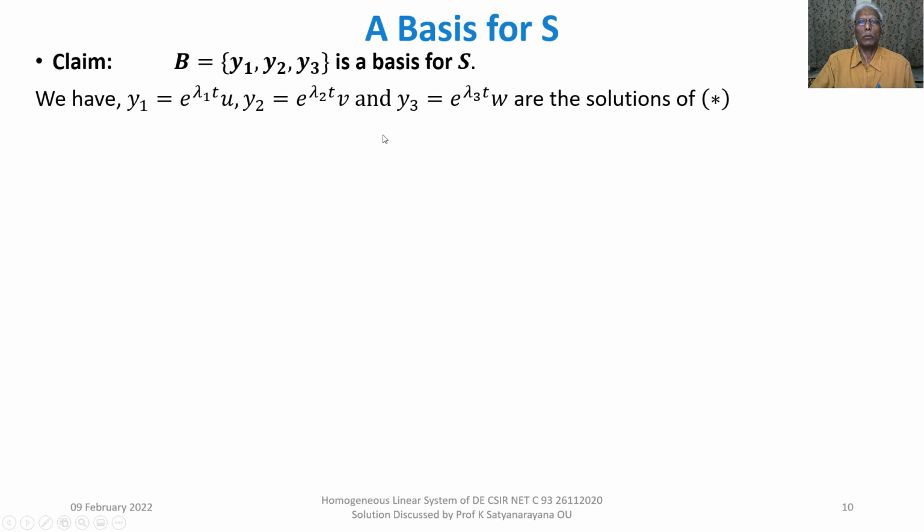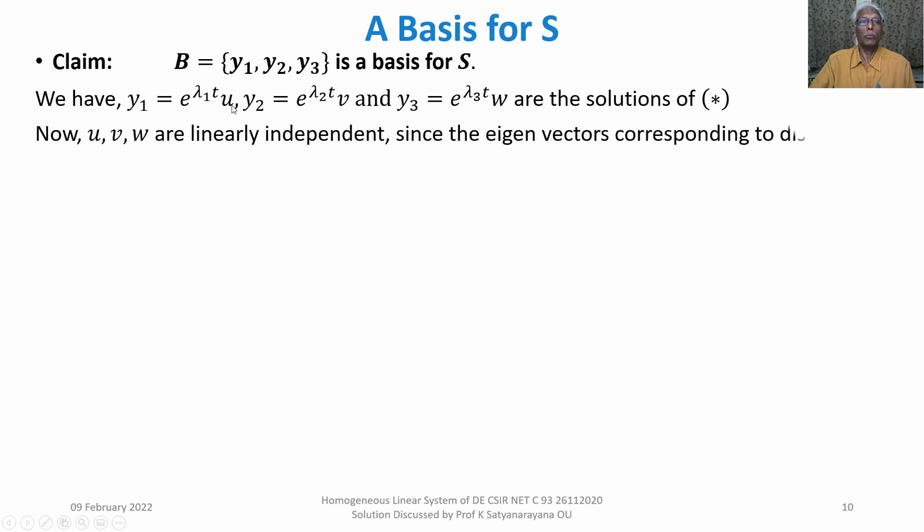Lambda 1, lambda 2, lambda 3 are distinct. And now what are u, v, w? u, v, w are the eigenvectors corresponding to the distinct eigenvalues lambda 1, lambda 2, lambda 3.